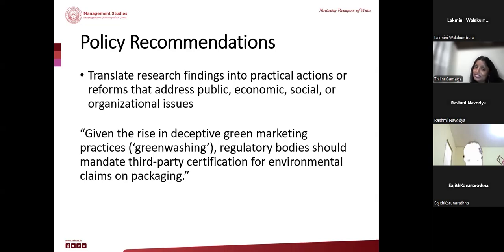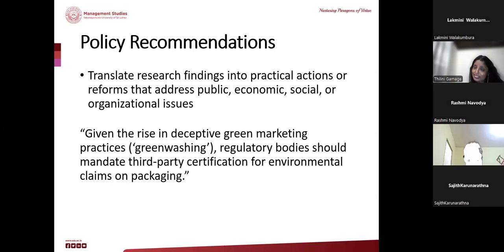This is a policy recommendation that I have taken from one of the students' dissertation work. You can see, given the rise in deceptive green marketing practices, which is famously known as greenwashing, regulatory bodies should mandate third-party certification for environmental claims on packaging. See, this is a regulatory recommendation.